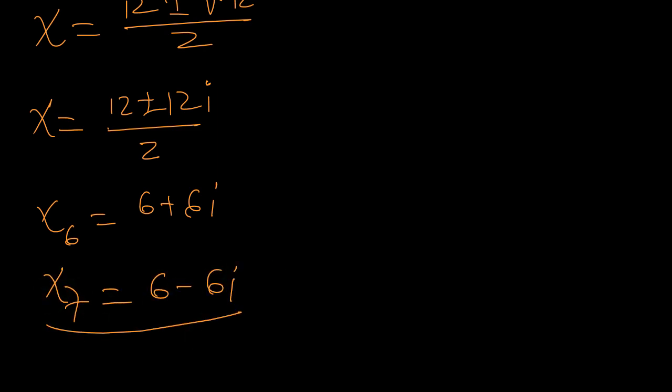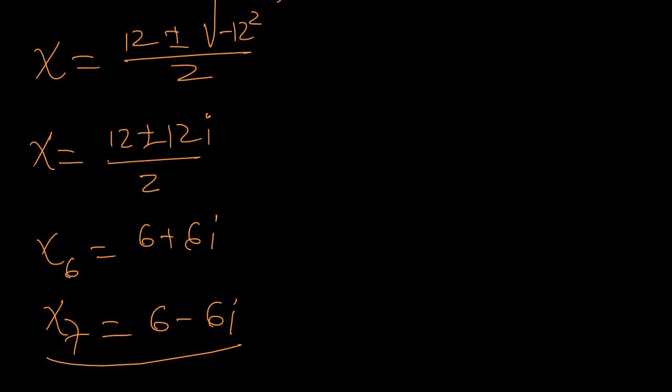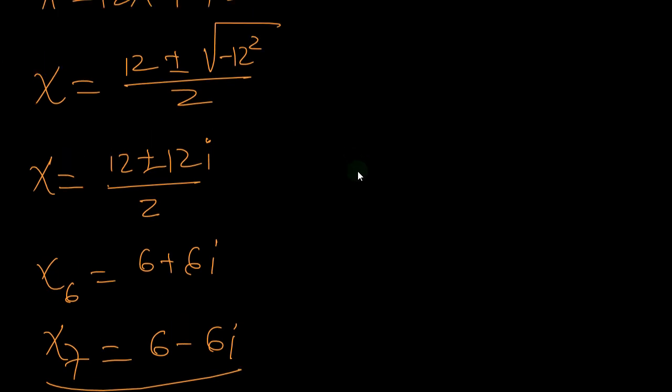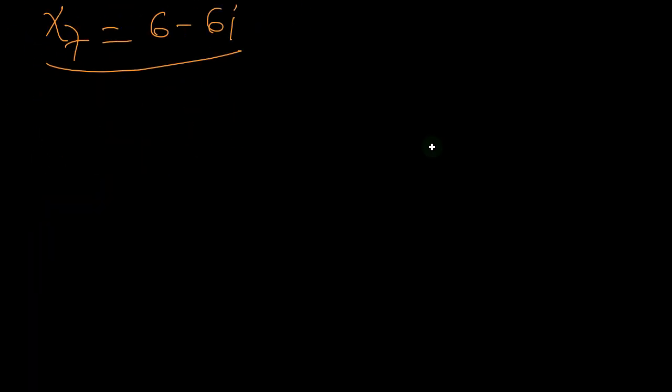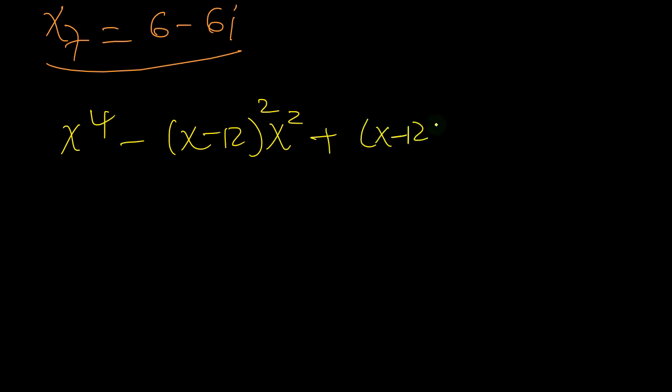Now we're going to solve the last one, which is this part here. To solve this, I'm going to write this down because we don't have much space. So this is x to the 4 minus x minus 12 squared times x squared plus x minus 12 to the power of 4, and this is 0.